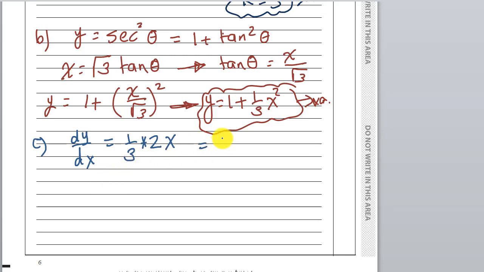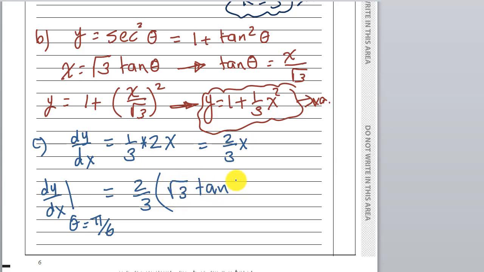So the gradient is 2 over 3 x. Now dy by dx at theta equal to pi divided by 6 equals 2 over 3 multiplied by x, where x is equal to square root of 3 tan pi over 6.